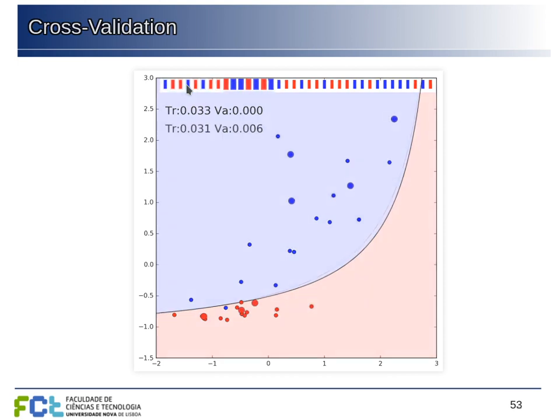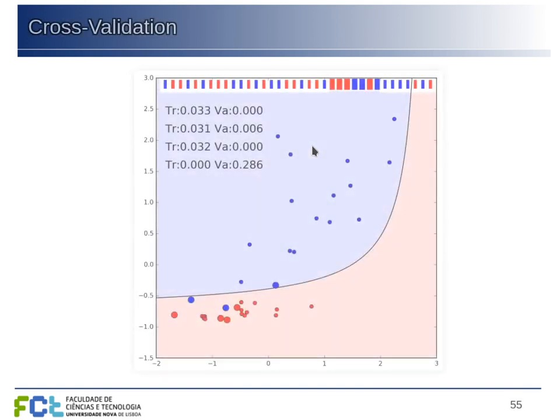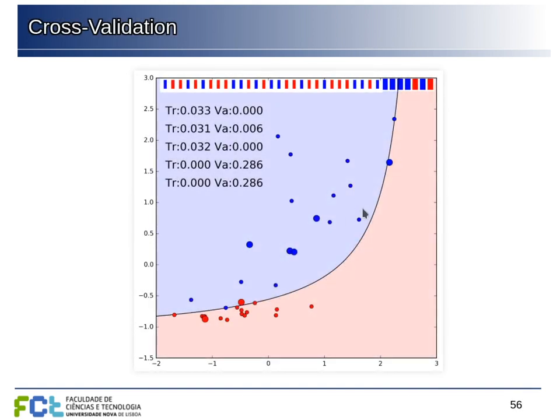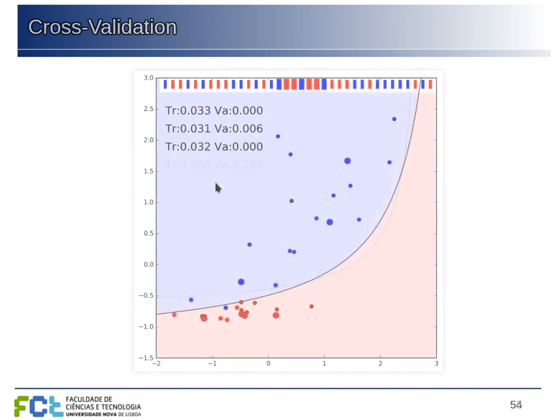And now we do the same thing with the next fold. We train with all of these, but we leave out this block here for measuring the validation error. And now we repeat and repeat, and we do this for all the 5 folds. So now we have 5 different hypotheses, 5 slightly different curves here. You can see them changing.